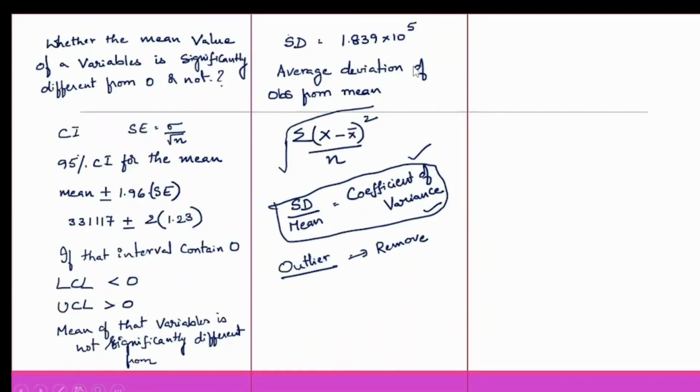Now, if I see that the coefficient of variance has fallen drastically because of the removal of this one outlier, then it means that outlier is a very significant outlier. Removal of that outlier will be a good thing, because the variation in the data has fallen quite drastically, right?